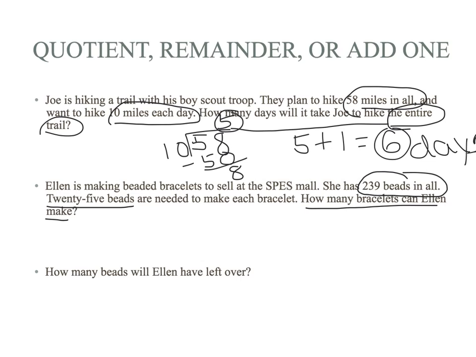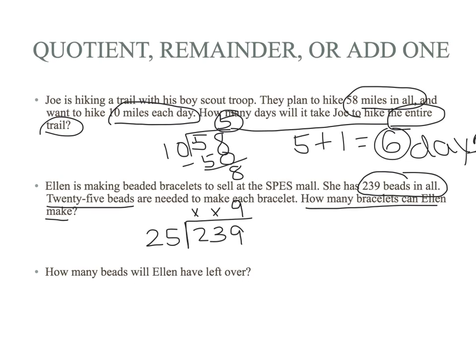So let's do my division problem. 25 goes into 239. Okay, 25 does not go into 23, or 2 doesn't go into 23. 25 goes into 239 9 times.